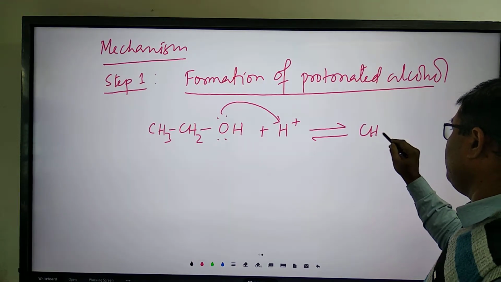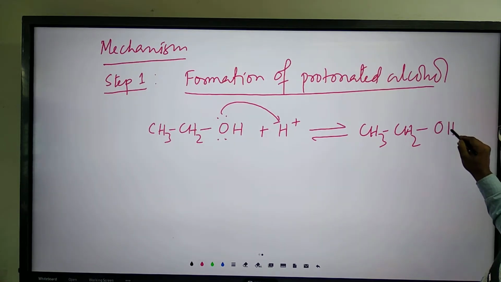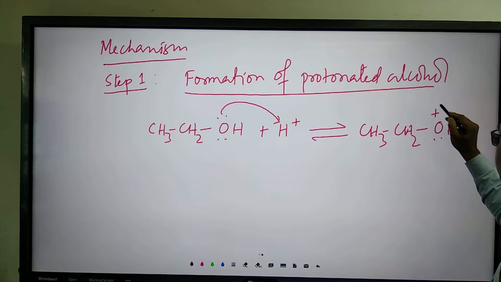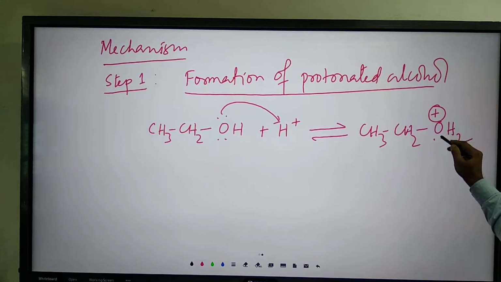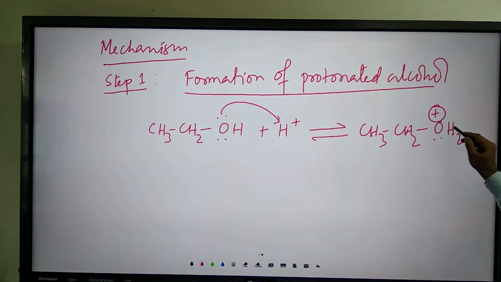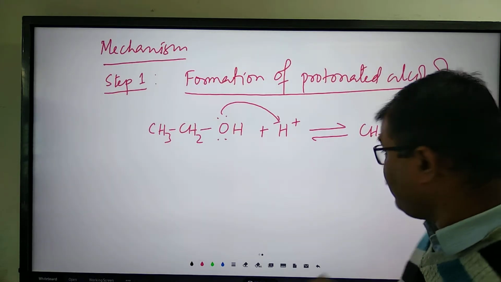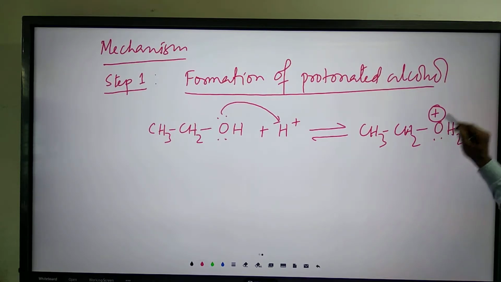See, CH3CH2O, H was there, now one more H will come, OH2. Now one positive charge develops on oxygen. Why? Because oxygen will be electron deficient. If you count in OH2, there are 5 electrons, while oxygen's valence electrons should be 6.